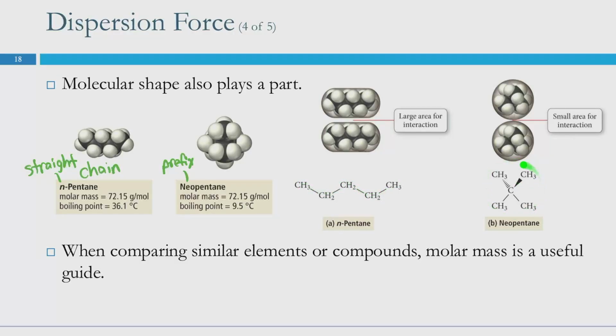For neopentane, we've got the 1 carbon in the middle and then 4 on the outside, and so they're approximately spherical, whereas our N-pentane is long and skinny, and so it's going to have more surface area that it can interact with nearby molecules. That larger area means that it will have stronger forces, and the stronger forces means that it takes more energy to separate.